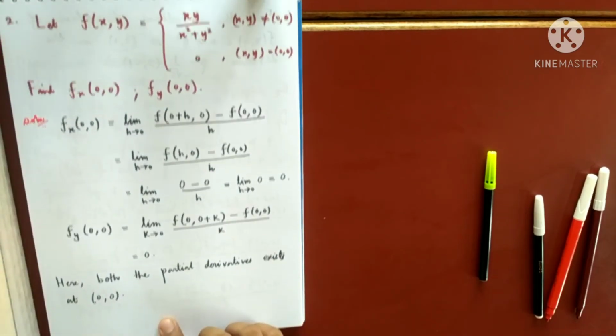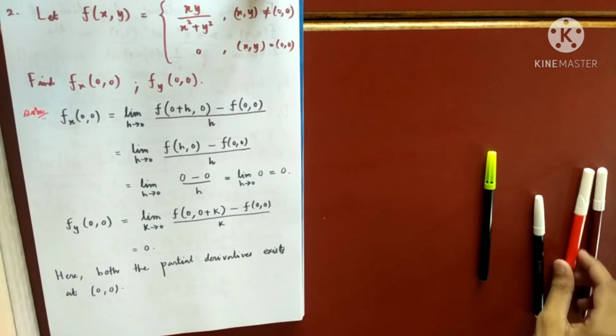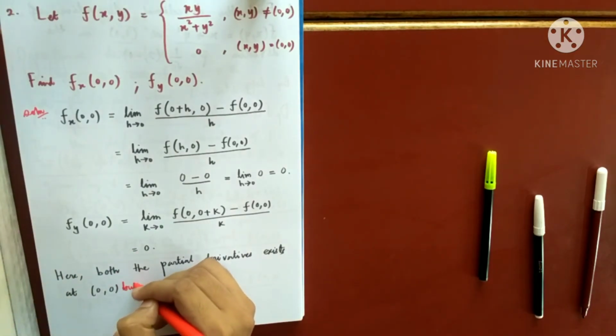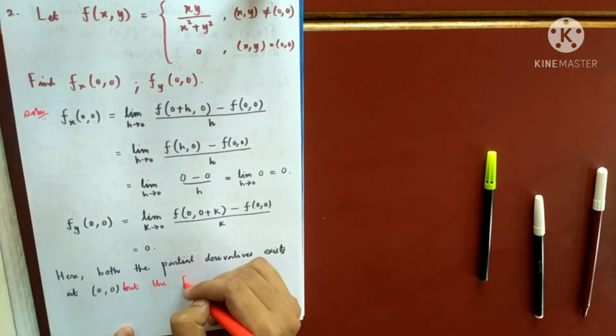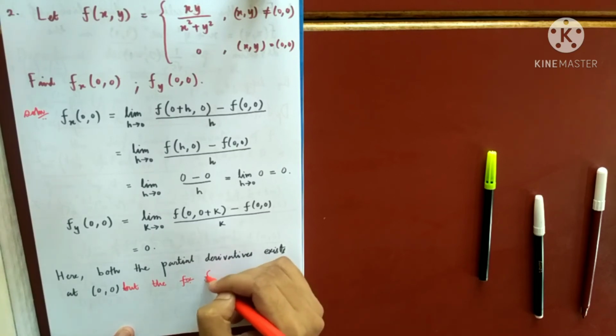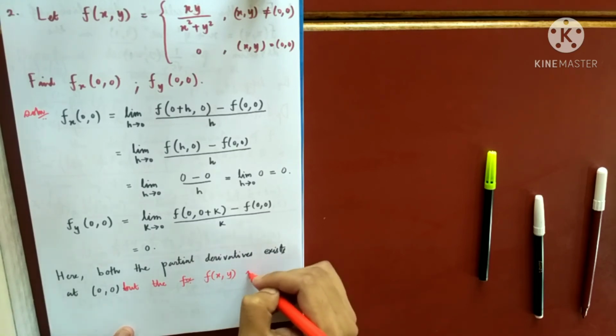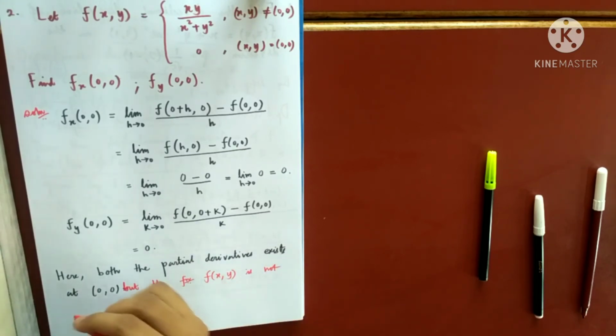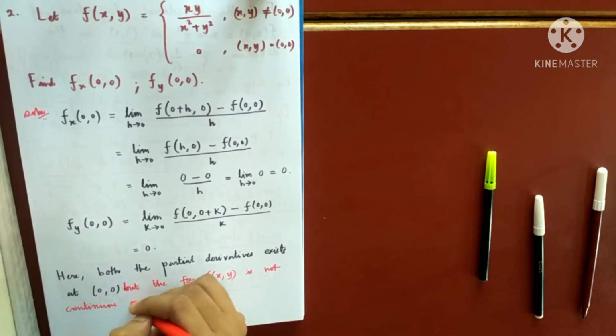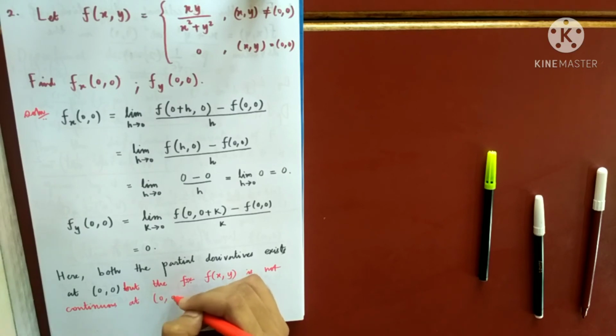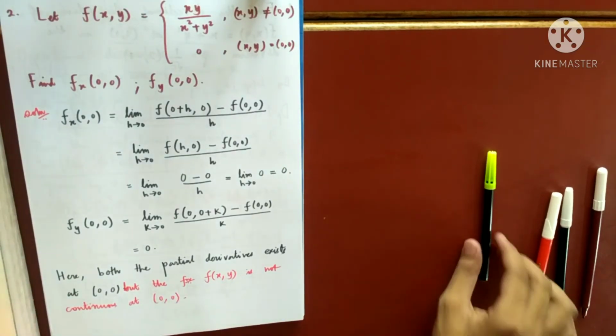So both partial derivatives exist at 0, 0, but the function f(x, y) is not continuous at 0, 0. So why is this function important?